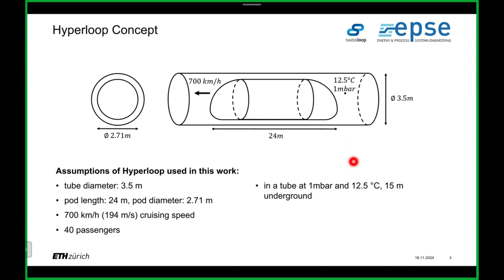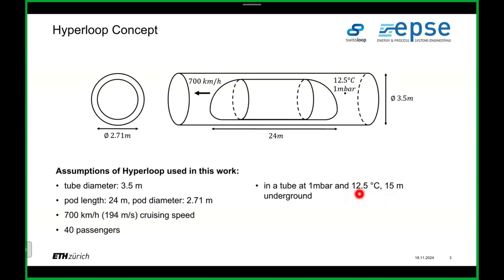One of the most important things was the temperature and the air pressure in the tube of the Hyperloop, and also the geometry of the whole thing, and the cruising speed.